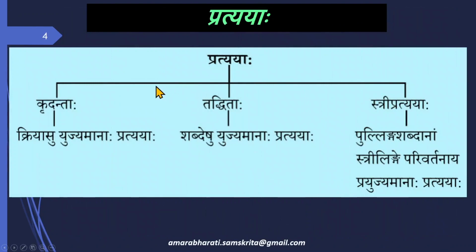So these are shown here: Pratyayaha, Kridantaha, Kriyasu Yujyamanaha Pratyayaha, those which are used with respect to action, Kriya, for verbs, action words or verbs are called Kridantas. Shabdeshu Yujyamanaha Pratyayaha, those suffixes which are used for Shabdeshu, which means for nouns and pronouns, Sanya words, are called Taddhitaha.